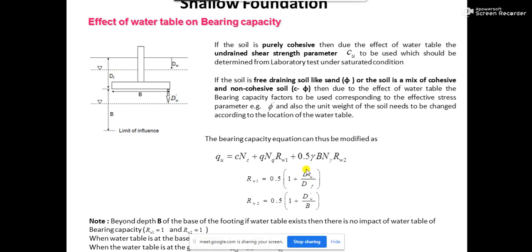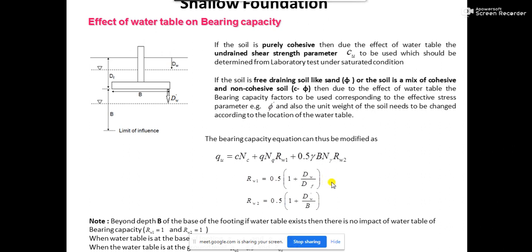When dW becomes lesser than dF, this term will be lesser than 1. So 1 plus a term lesser than 1 will be lesser than 2, and if you multiply it with 0.5, this value is going to be lesser than 1.